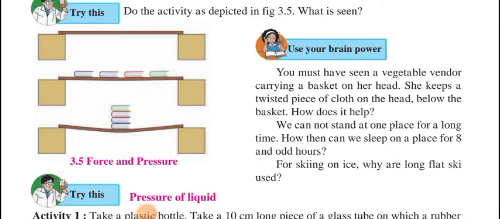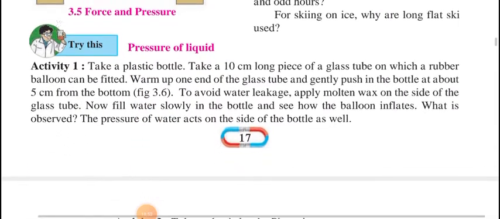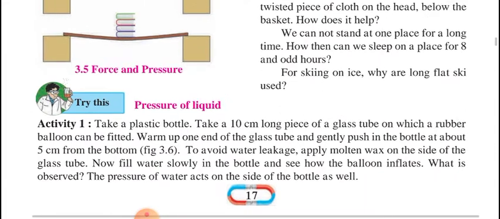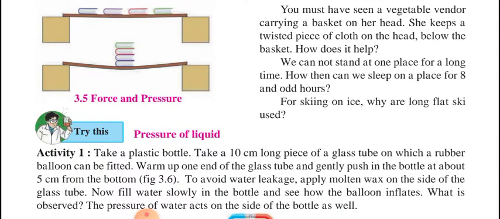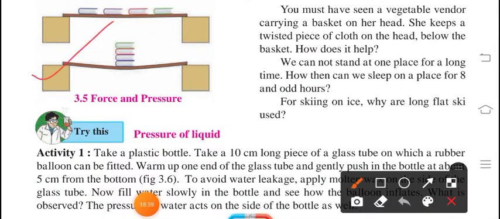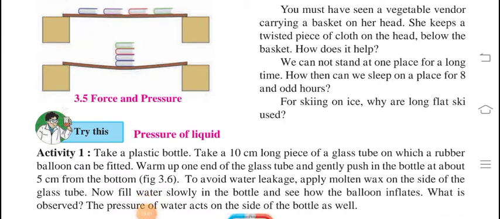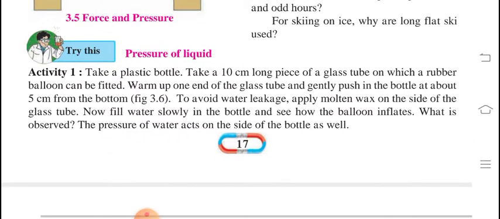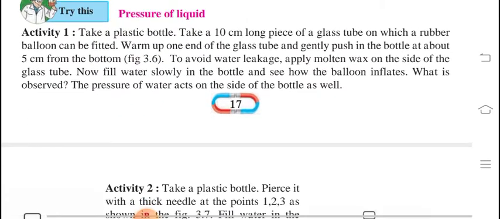Now next is the example of pressure of liquid. The solid example I showed you in the last lecture, the wooden block on the table. Now for pressure on liquid, there is an activity, so please observe.